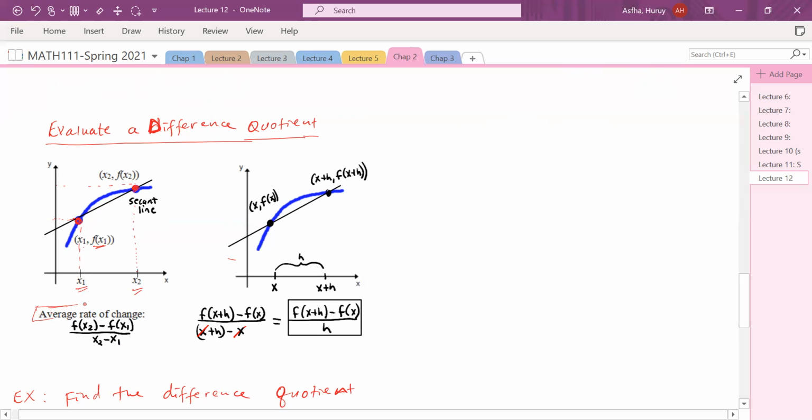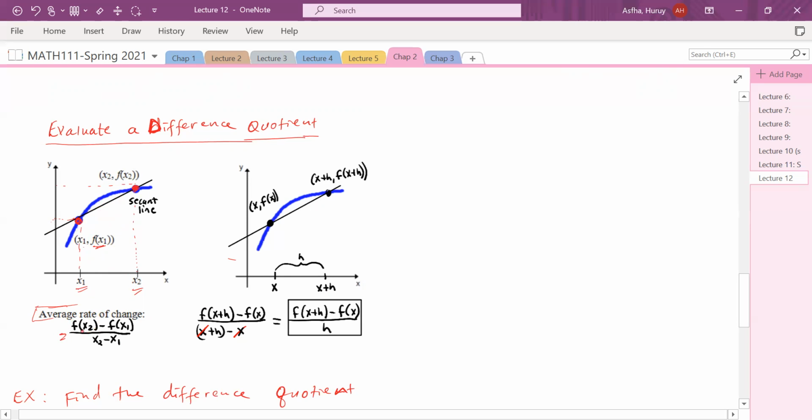So to find this average rate of change, we find the slope of this second line. This second line is the line that connects these 2 points. So the slope of the second line is the y value, f of x2 minus f of x1, over x2 minus x1. Basically, this is the slope of this second line, okay?